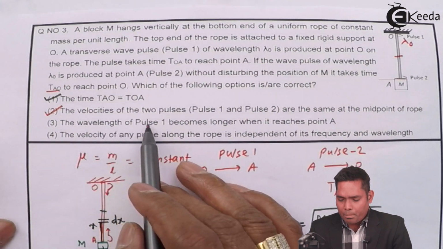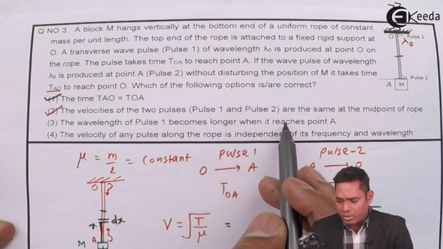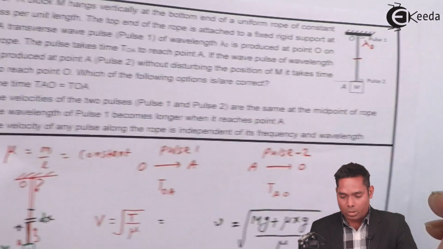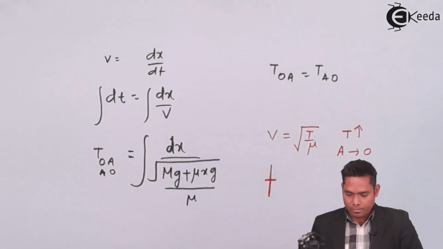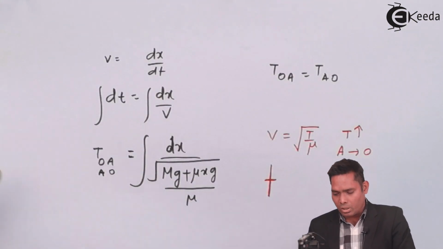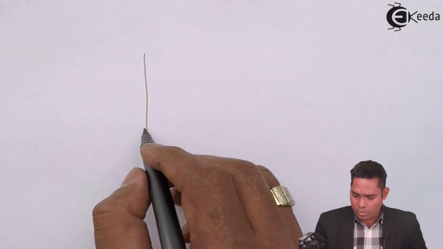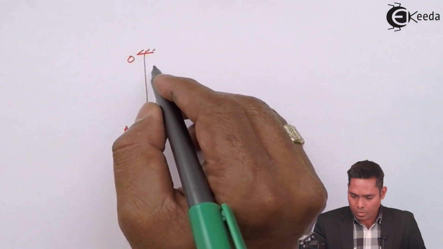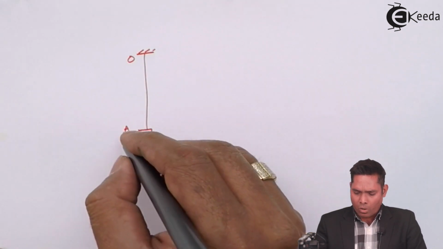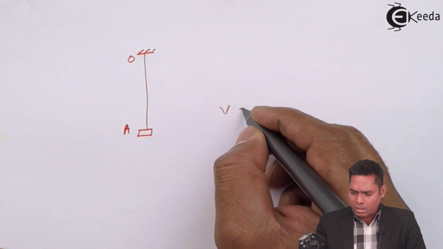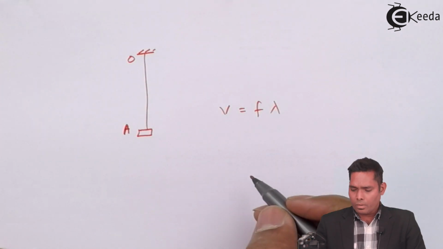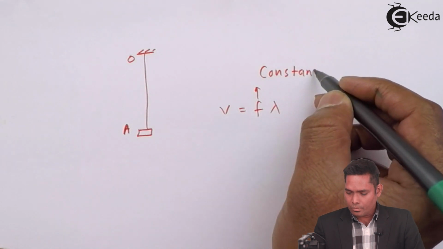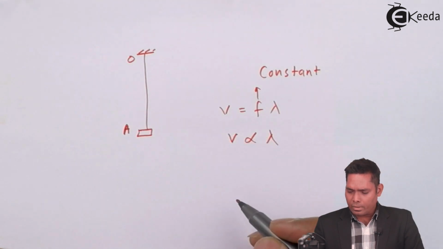The wavelength of the pulse 1 becomes longer when it reaches A. So it says that when this reaches here, the wavelength will be more. Here, this is the lower point A, and this point is O. Whether the wavelength will be longer: the velocity is frequency into wavelength, and because the frequency is constant, the velocity is proportional to wavelength.